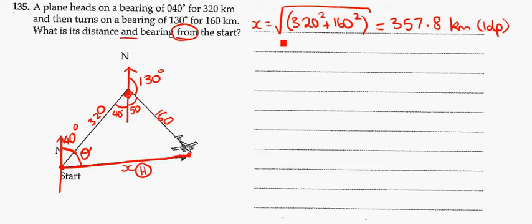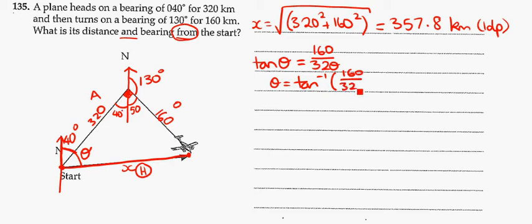I could use x, but just in case I've made a mistake with x, I'll use the 320 and the 160. So this would be the opposite side, adjacent. We're looking at tan theta, TOA, opposite over adjacent. So that means theta will be tan to the minus 1, tan inverse.